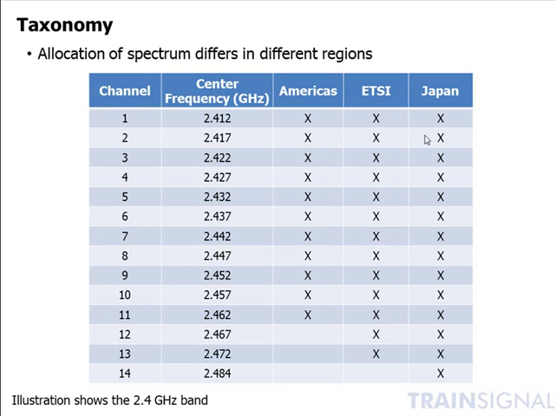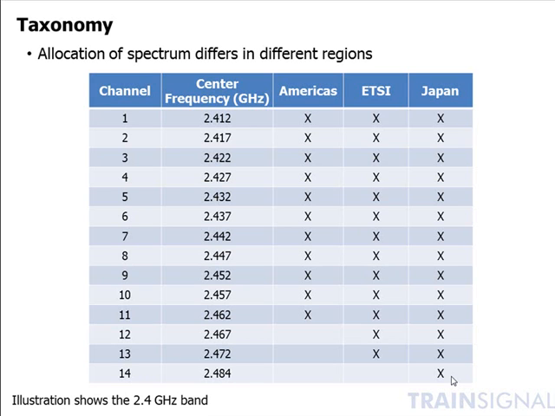Whereas over in Europe, ETSI has actually allocated 13 channels, so they have more spectrum made available to them in Europe than we have here in the States for our wireless LAN deployments. And here in Japan, you can see even more spectrum being made available by the regulators.